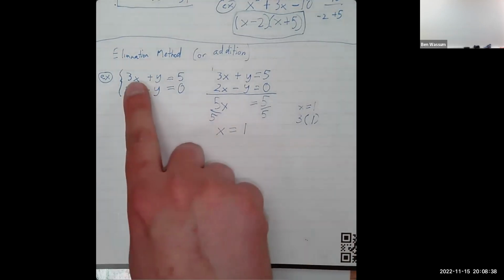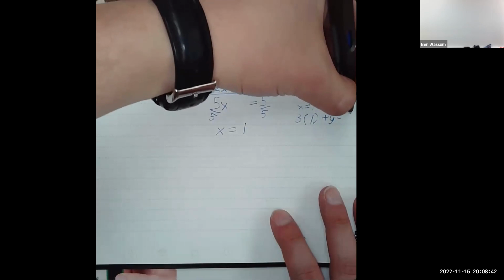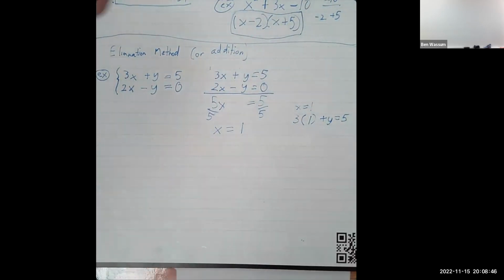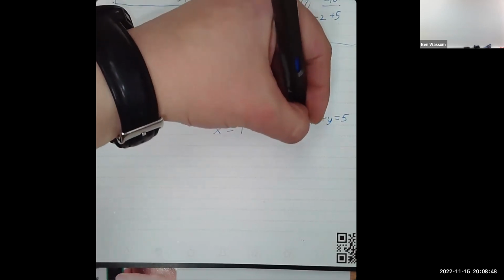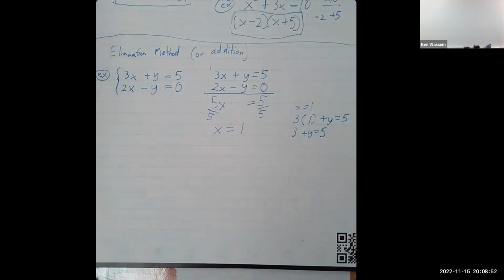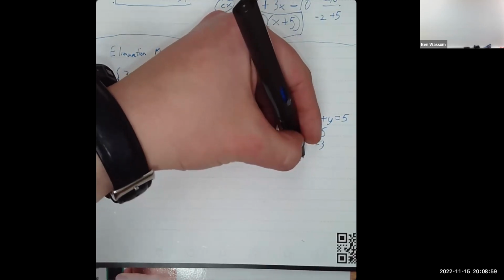So I'm just plugging a 1 in for x here. 3 times 1 plus y is equal to 5. Okay, so that's 3 plus y equals 5. If I subtract 3 from both sides, I get y is equal to 2.